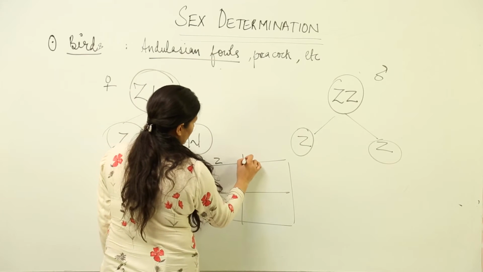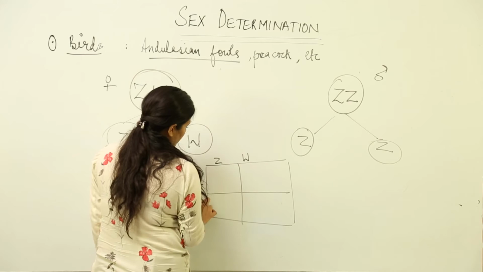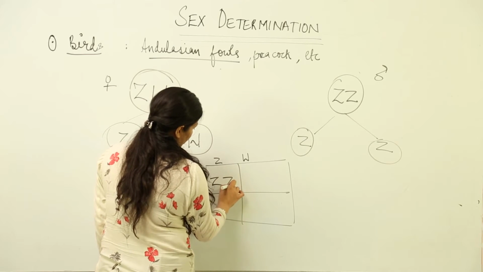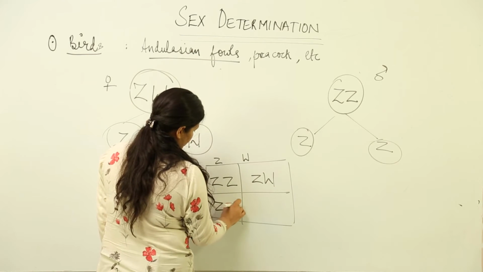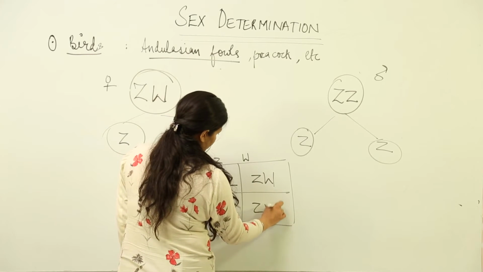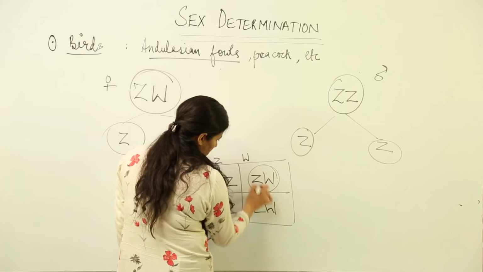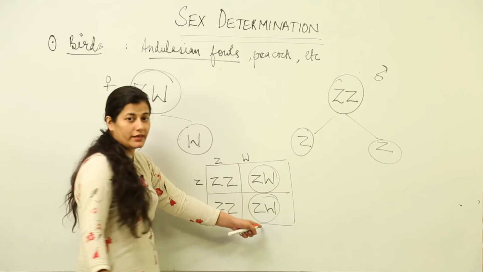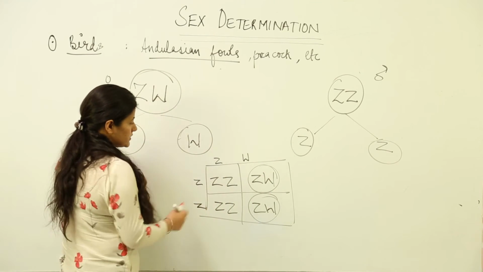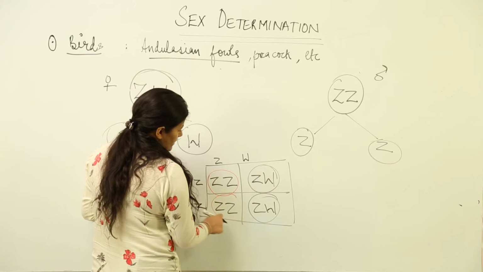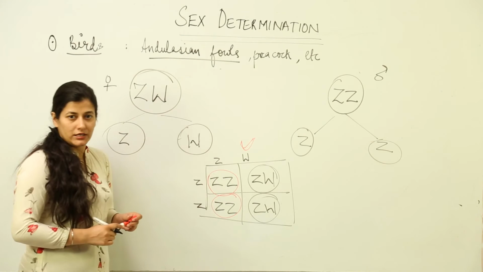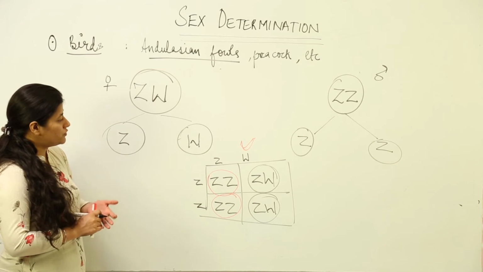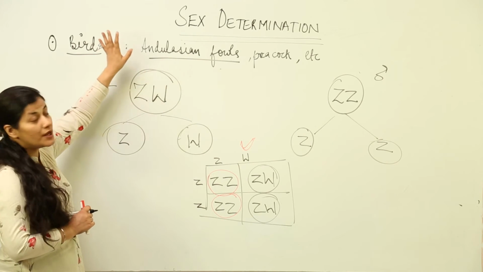You can very well make it out. So, these offsprings are females and these are the male ones. Now, you see over here it is the gamete of the female which is deciding what the offspring type would be, and this is what we have in the case of birds.